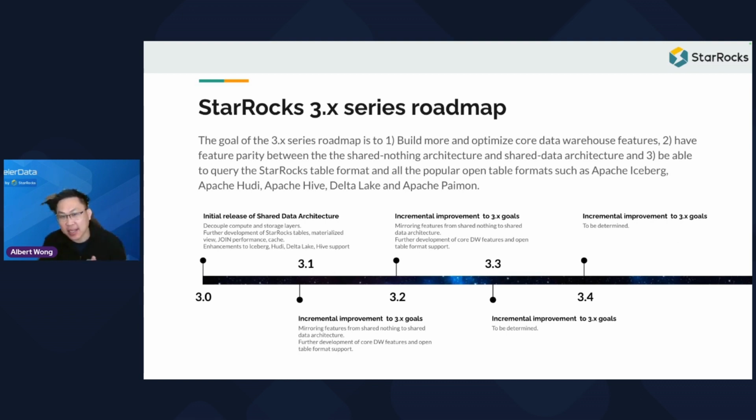The second thing that we're working on, as I mentioned in the previous slide, is that we actually have two different architectures: the shared data model, which is how BigQuery and Snowflake are deployed, and the shared nothing model, which is how Redshift is deployed. If you're familiar with Redshift, compute and storage are on the same node.